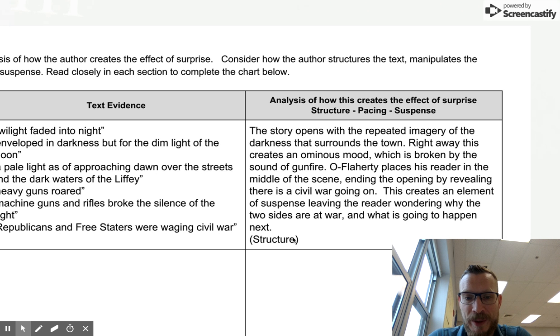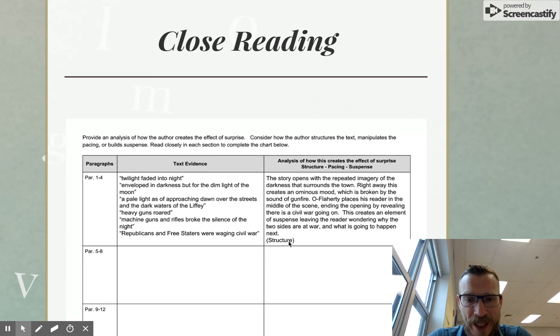And so you see I put a little bit about structure. Okay, this is just one example. I don't want you guys only to get caught on the mood and the imagery. Pacing, is it going fast or slow? Structure also in how the story is being revealed.